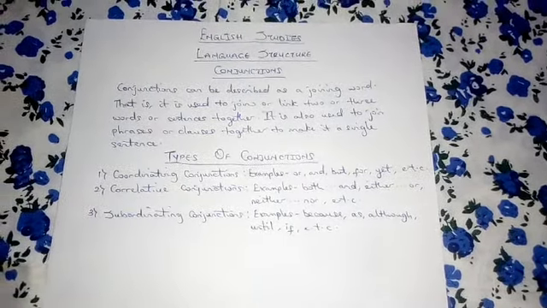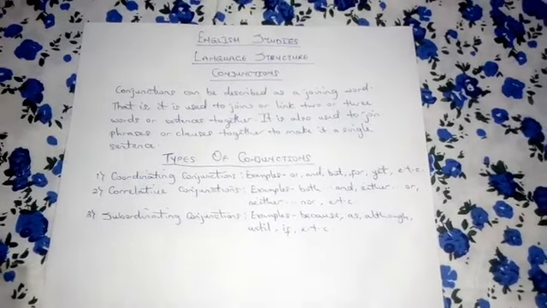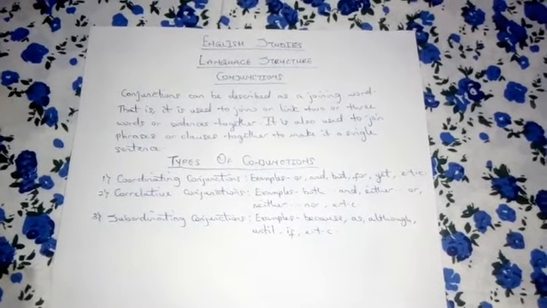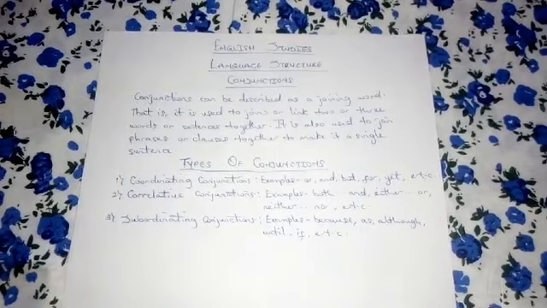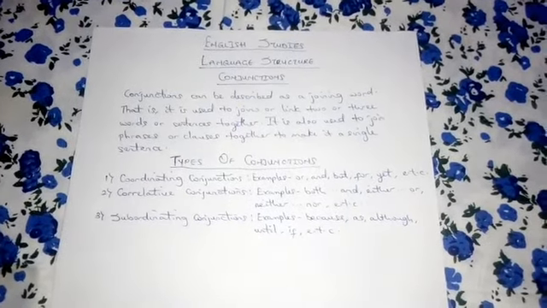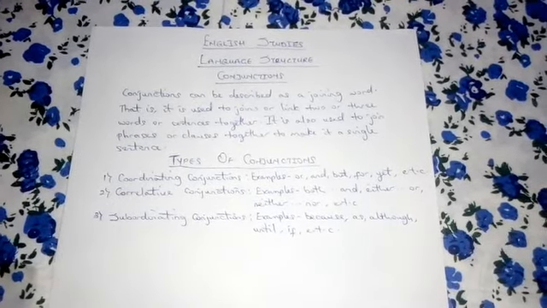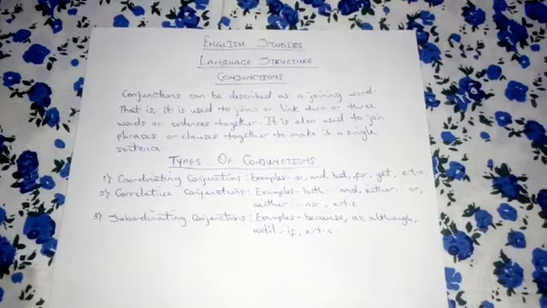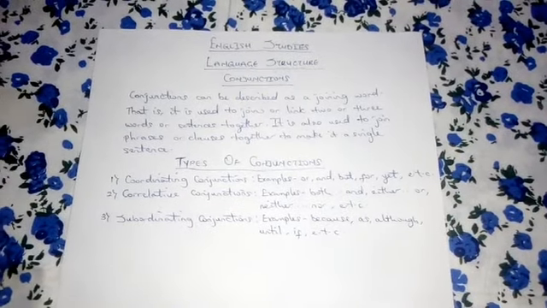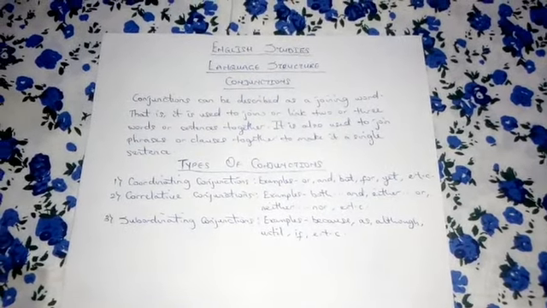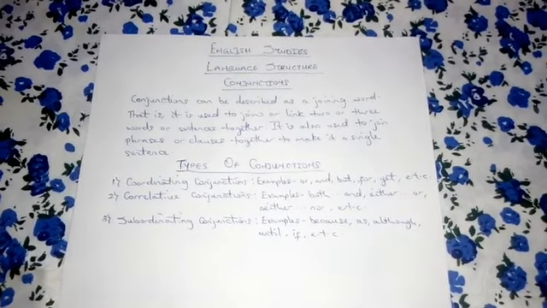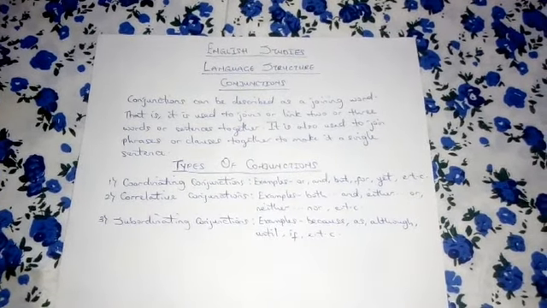So, we move into the types of conjunctions. Number 1, we have coordinating conjunctions. Coordinating conjunctions and correlative conjunctions are mostly related in the sense that they are used to link sentence parts that are equal in status.